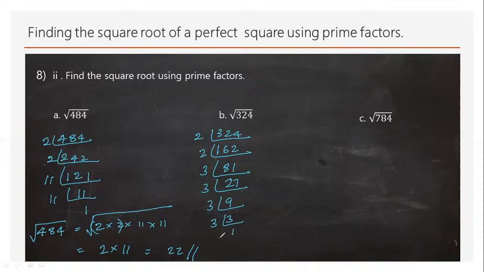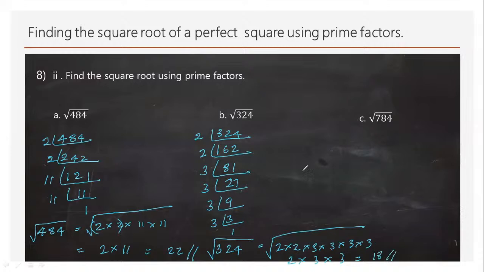Now you can write the square root of 324 equals the square root of 2 into 2 into 3 into 3 into 3 into 3. Then take one 2 from this, one 3 from this, and here 3. 2 times 3, 6 times 3, 18. The square root of 324 is 18.